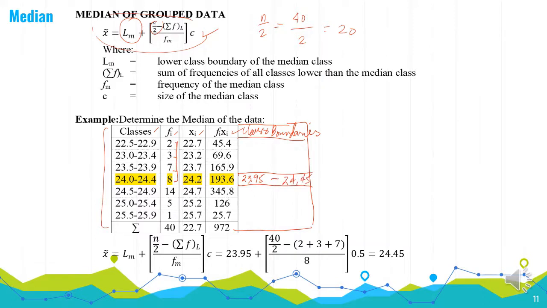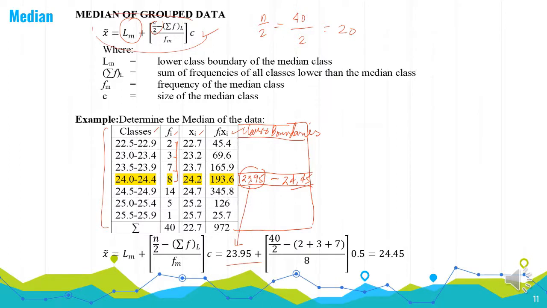Go back to our example in lesson 1, you will see our class boundaries here. This is the lower class boundary, so 23.95.